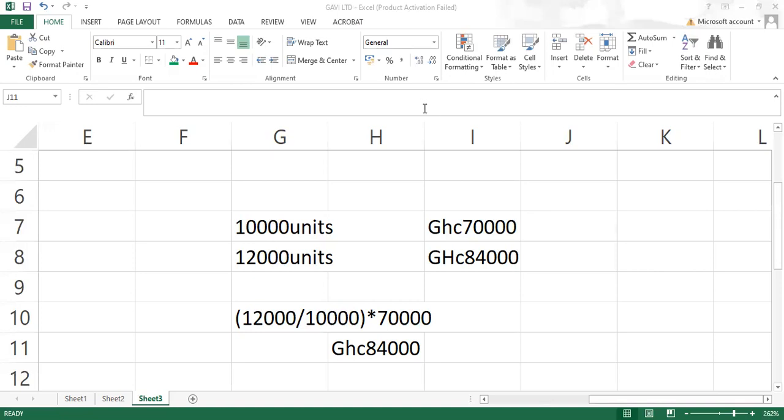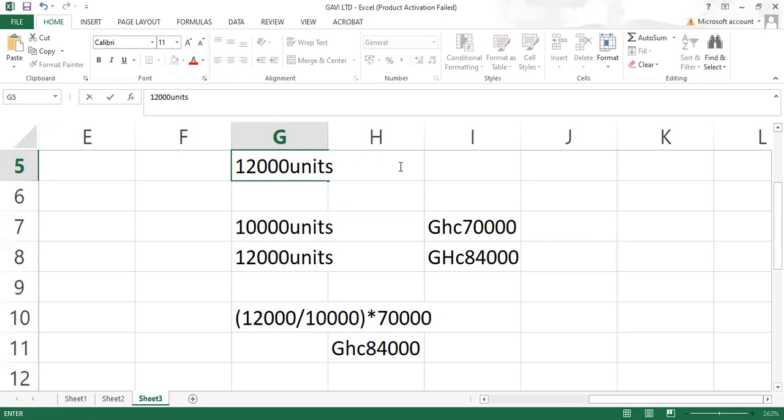Okay. So this is how we go about flexible budget. Let's pick a question. Let's assume that for the 12,000 units, the actual cost that we incurred was 75,000. What is happening? How much should this have cost us? It's 84,000, isn't it?